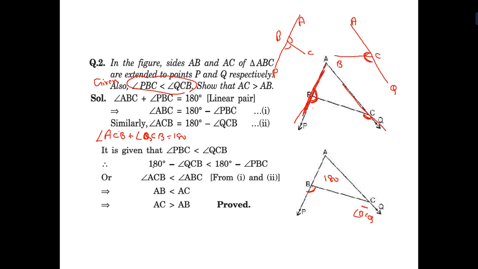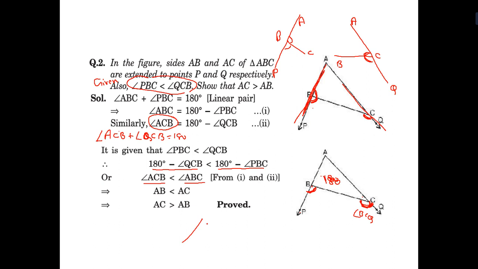Same thing if I want to find QCB, it is 180 minus PBC. But 180 minus QCB in equation 1 is ACB, so I remove this and write ACB. Same thing, 180 minus PBC I remove and write ABC.